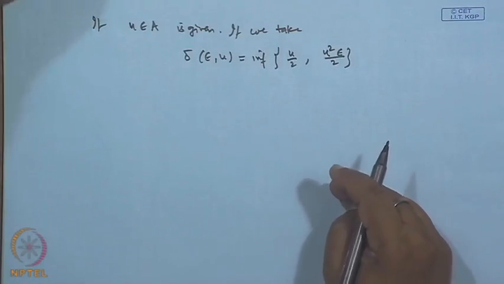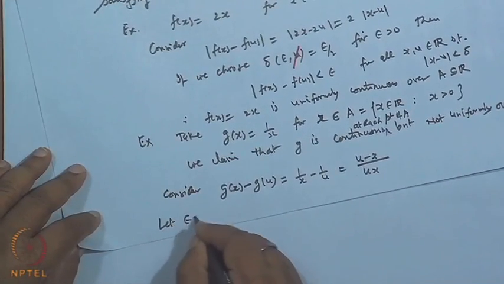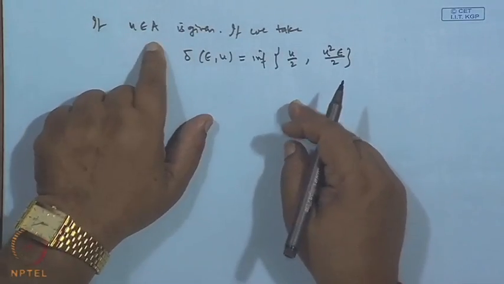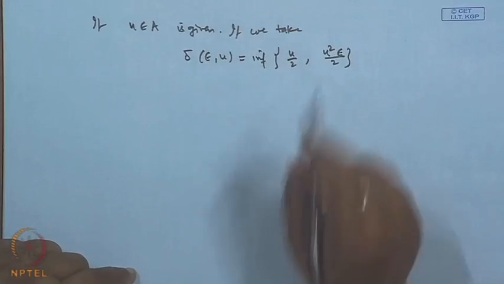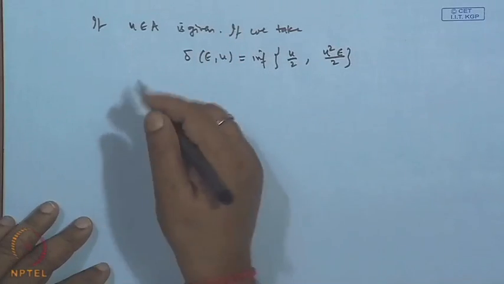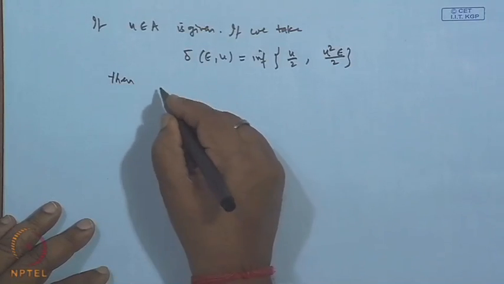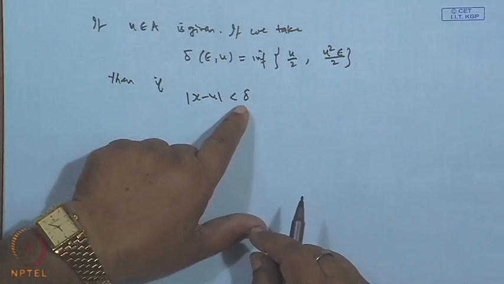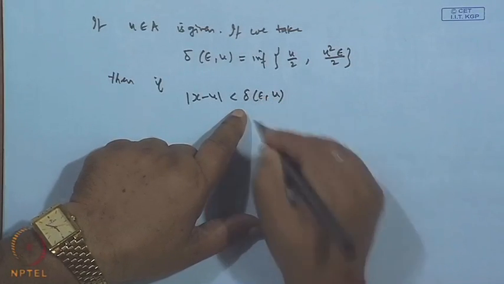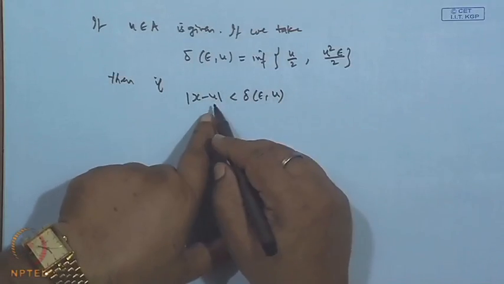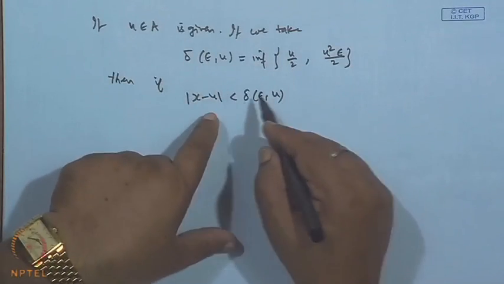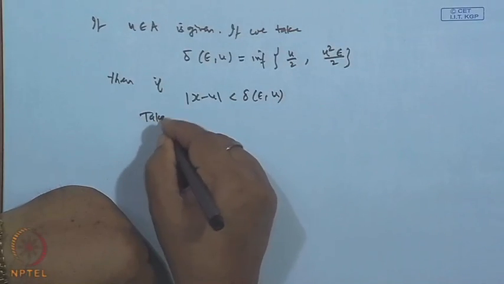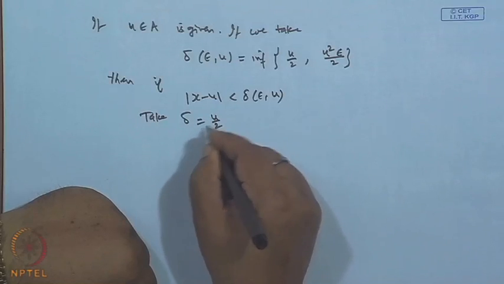So, let epsilon greater than 0 be given, and let us pick up the point u at which the continuity is tested. Now choose delta as this. Then if mod of x minus u is less than delta, where delta depends on epsilon and u, suppose first it is less than u/2, so take delta as u/2.